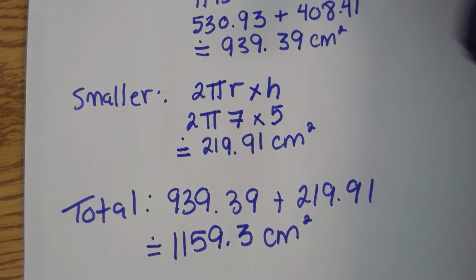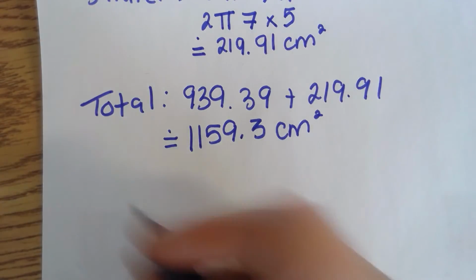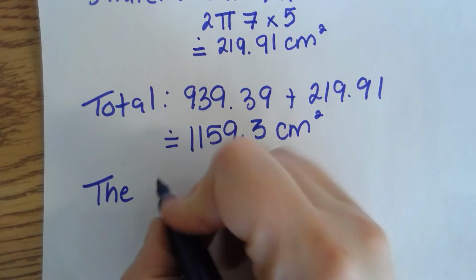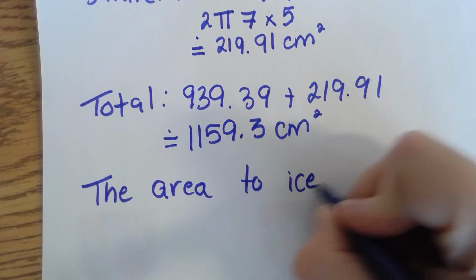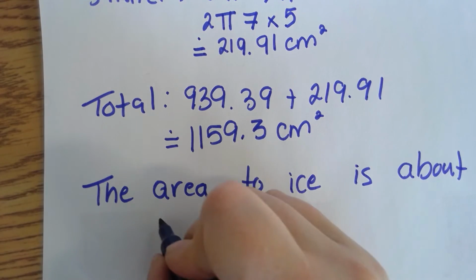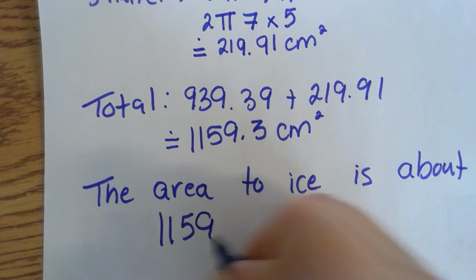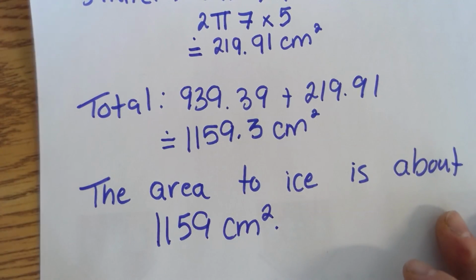So if I kind of wanted to sum this up, I could say that the area to ice is about 1,159 centimeters squared. And that is what you do in this situation.